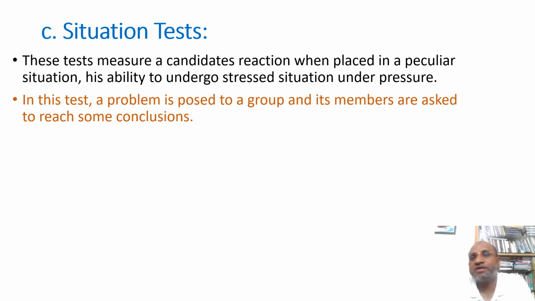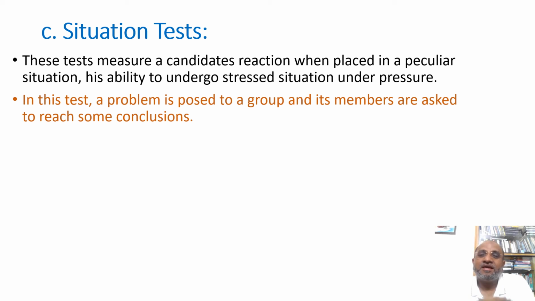Then the third one is the situation test. Now here what they do is the candidate's reaction is observed by how he deals in a peculiar situation. It could be a stressed situation or a situation under pressure. So a problem is posed to a group. It can be done in a group, and individually also it can be done.